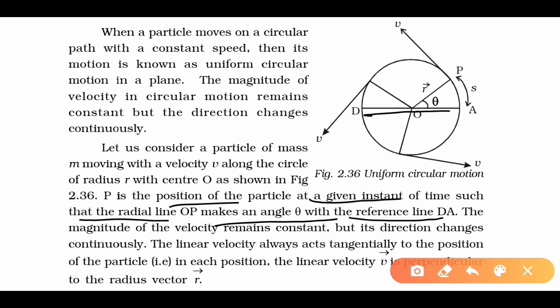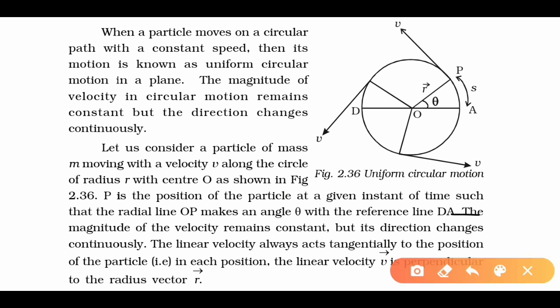This one is the reference line, okay, and the position of an object at any particular time t is this one, the position OP, okay, and it is denoted by r vector, that is radius of the circular path.